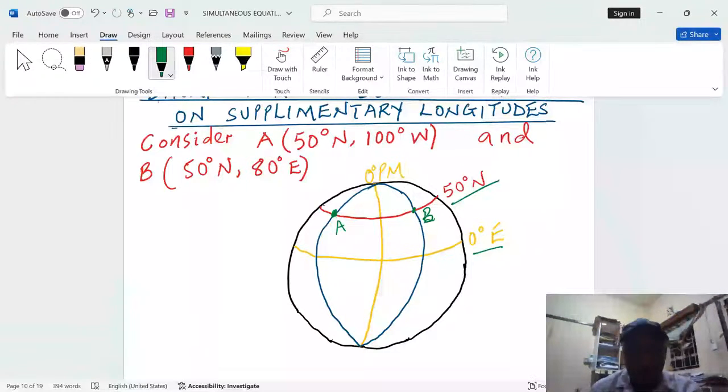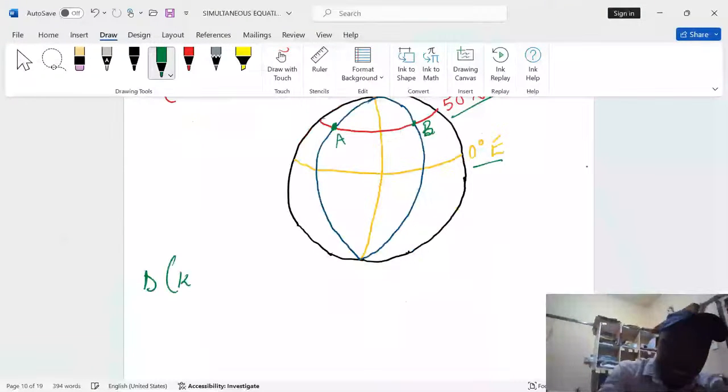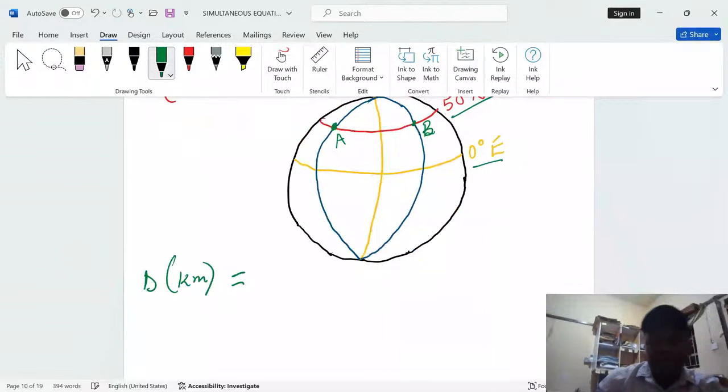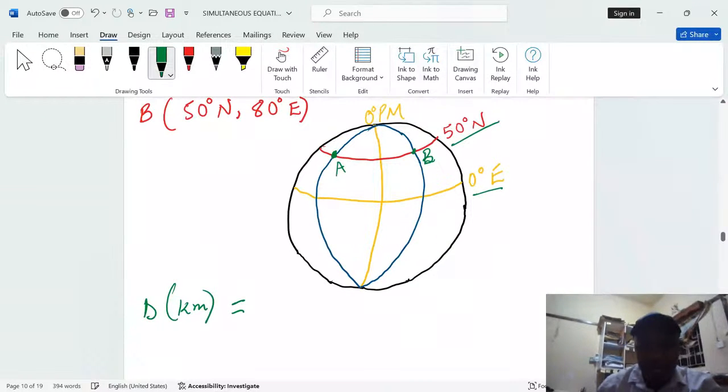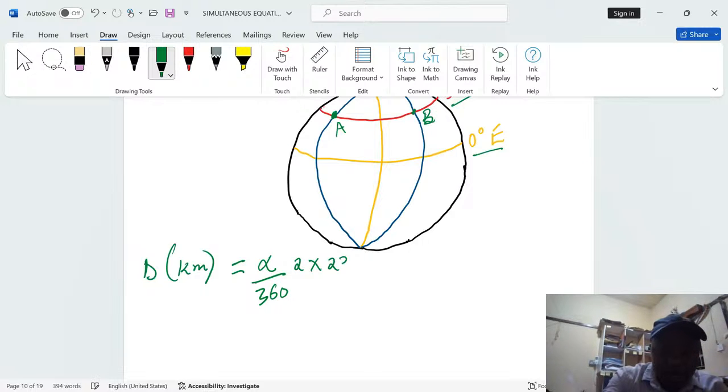I want us to consider two distances here. If we move along the parallel of latitude 50 degrees, what will be the distance between A and B? The distance between A and B in kilometers along the latitude of 50 will be given by the longitude difference divided by 360 multiplied by 2 multiplied by 22... Okay, I don't know why I'm substituting directly.